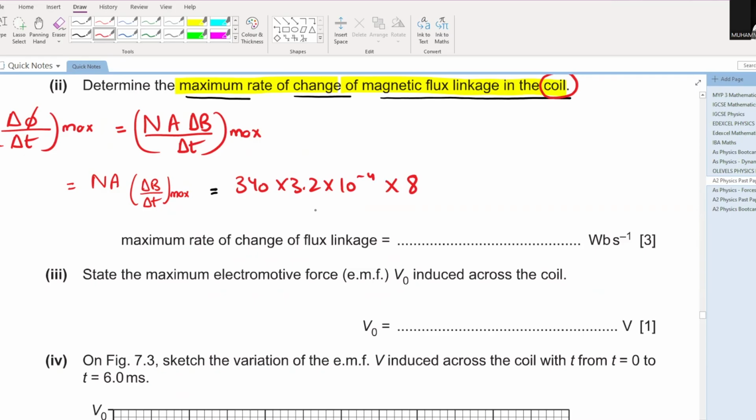Can anyone calculate this answer for me? This comes out to be 0.87. Any ambiguities here? Very good. 0.87 is your answer.